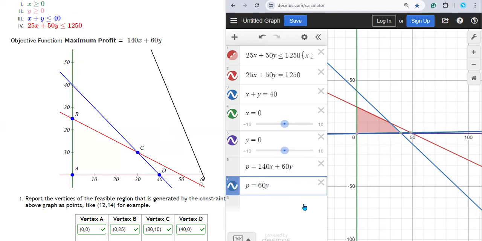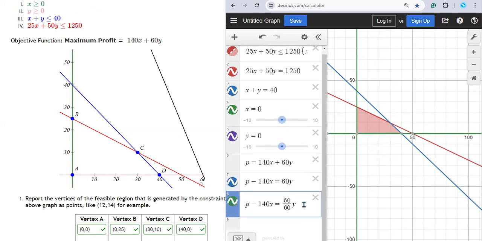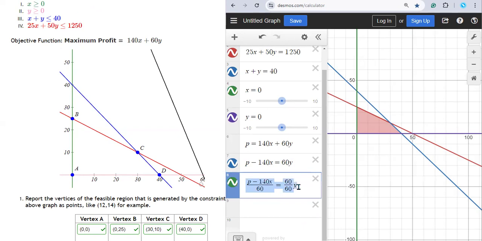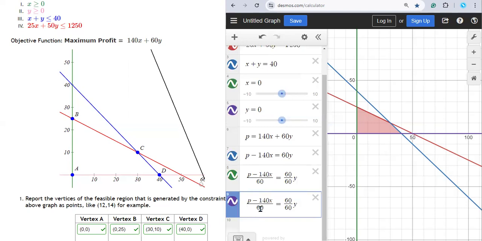If I do it to the right side, I have to do it to the left side. And then I have to divide both sides by 60, right? So I'm going to divide this left-hand side by 60. That number 8 line is equal to the number 9 line. I can do this individually, right? Using the distributive property.